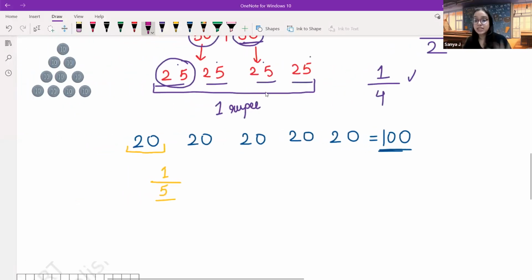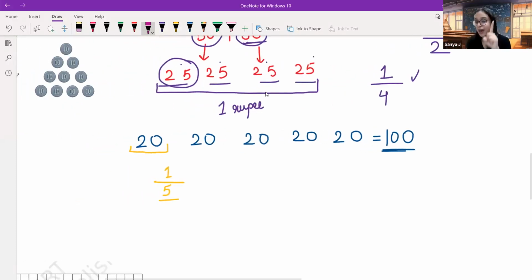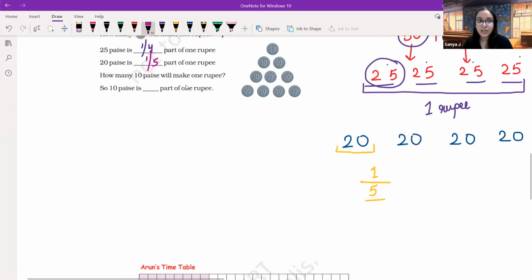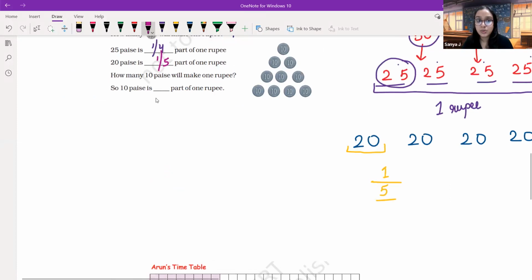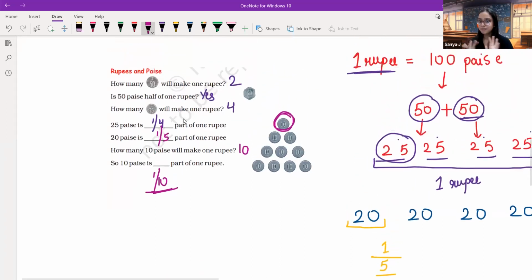Which means 10 paisas make 1 rupee. Correct? So 10 paisa is 1/10 part of 1 rupee, because 10 paisas make 1 rupee. Okay, is it clear to everyone?